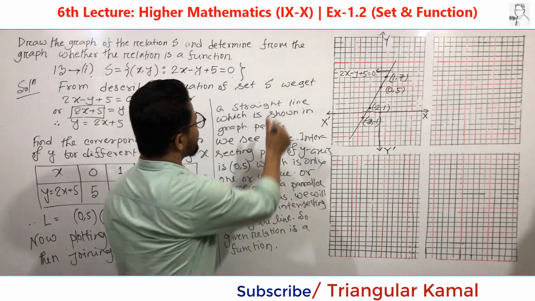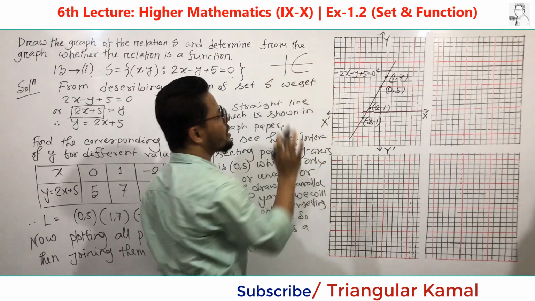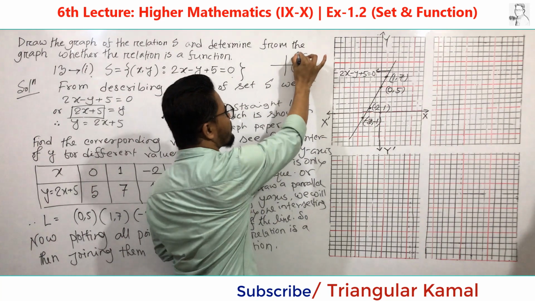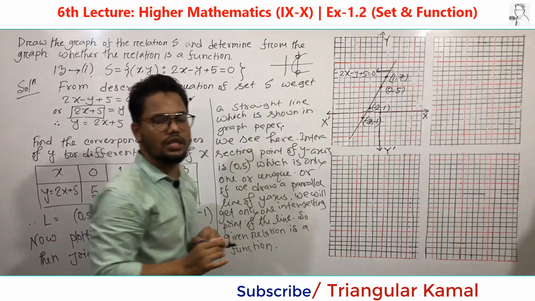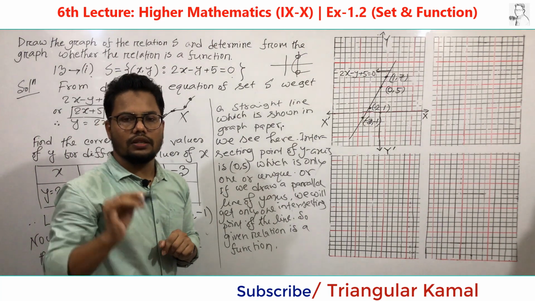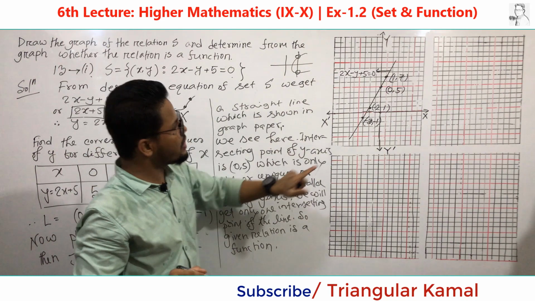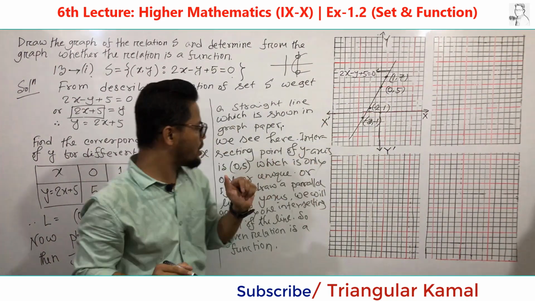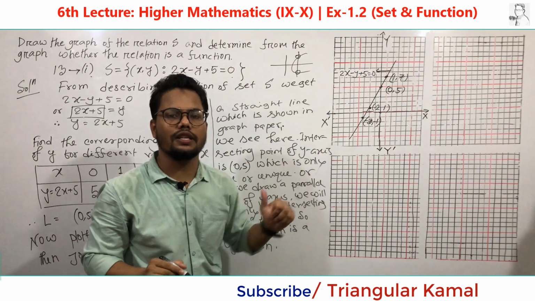And if the graph does not touch the y-axis, then we draw a line parallel to the y-axis, and if we see more than one intersecting point, that indicates this graph will not be a function. But here we get only one single point. That's how we can finally say the given relation is a function.